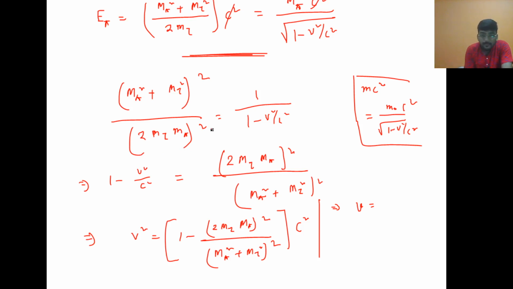We will get this expression, that is m pi square minus m tau square divided by m pi square plus m tau square, into c.